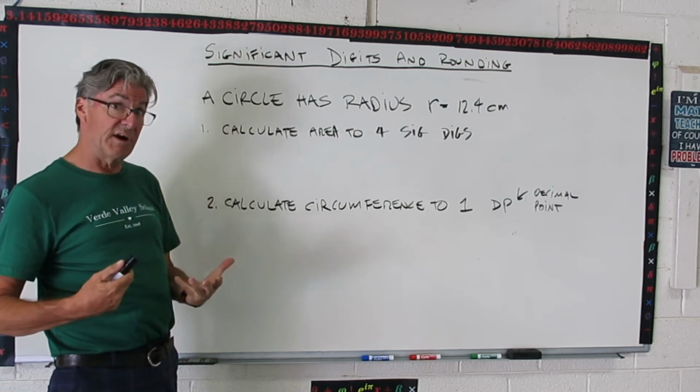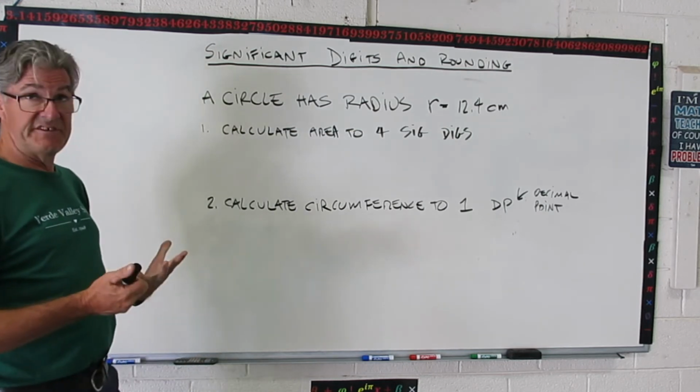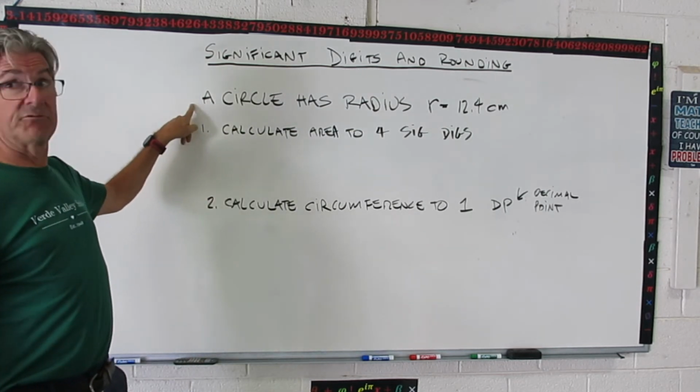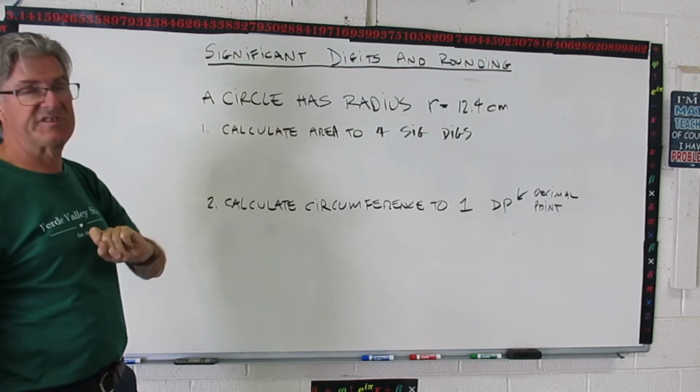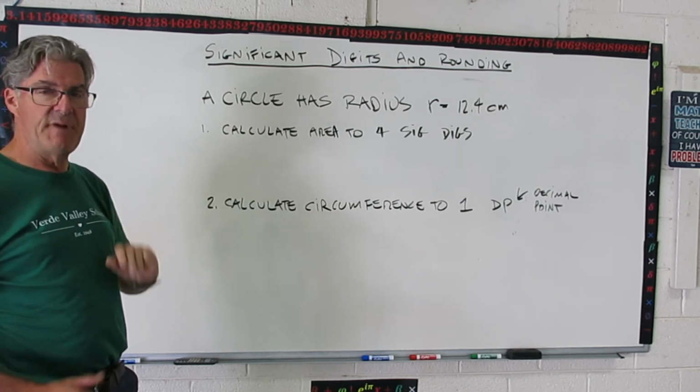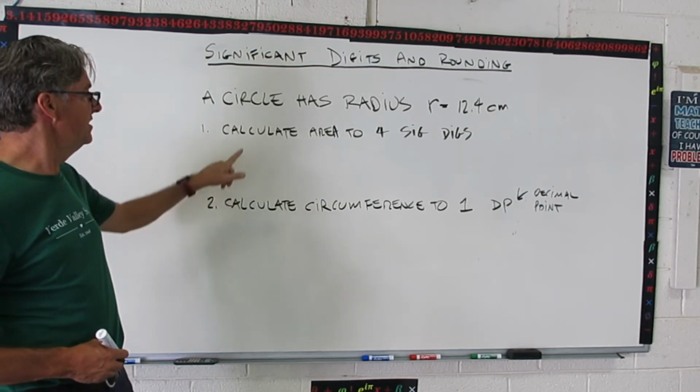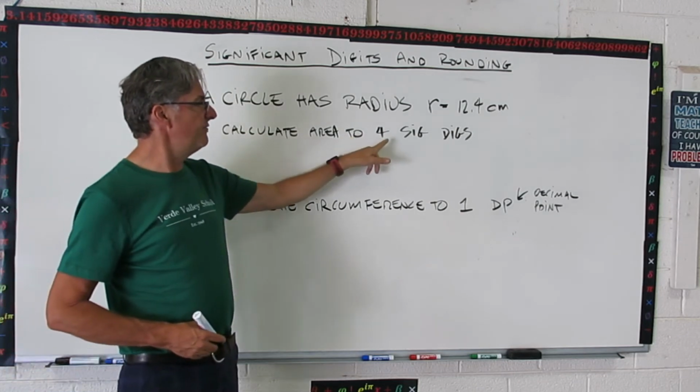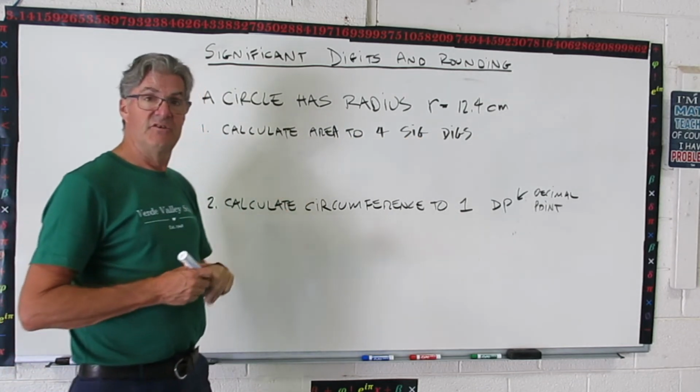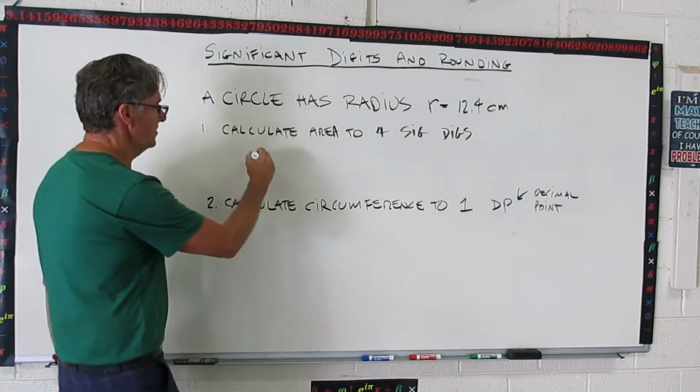Okay, one last type of calculation, and we're going to bury this a little bit more into sort of a word problem kind of thing. So check this out. A circle has a radius of 12.4 centimeters. So here's one way you might be asked to do something with that information. Calculate the area to 4 significant digits. So what we're going to do is use the area formula for a circle.